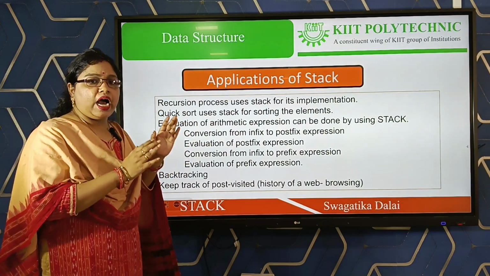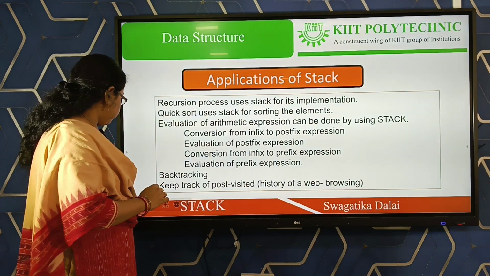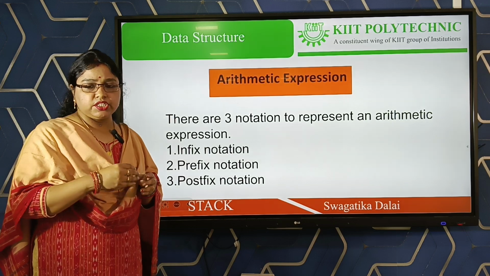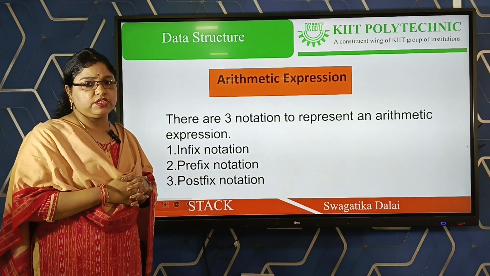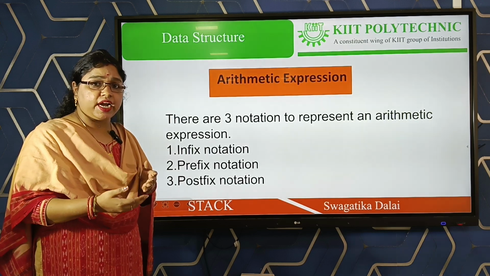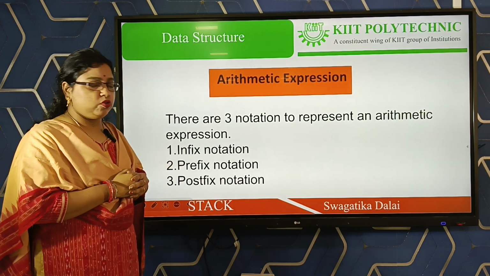In this video, I only discuss the evaluation of postfix expression. Before discussing that, let me first discuss what the different kinds of arithmetic notations are. There are 3 kinds of arithmetic notation.